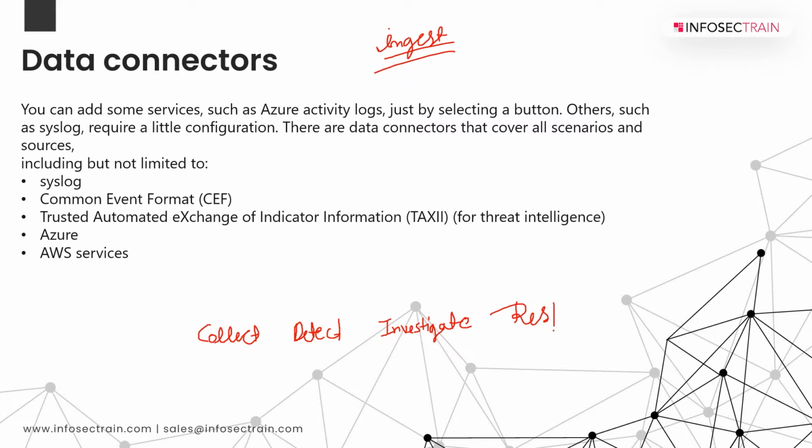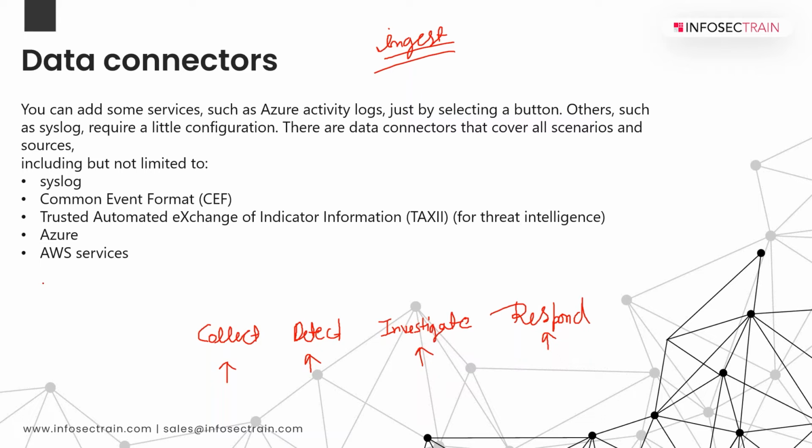These are the four main pillars, or tasks, with the help of Azure Sentinel. This is what you want to do: collect logs, detect if something is going on in as close to real time as possible, investigate, and then respond to the particular threat you are facing.